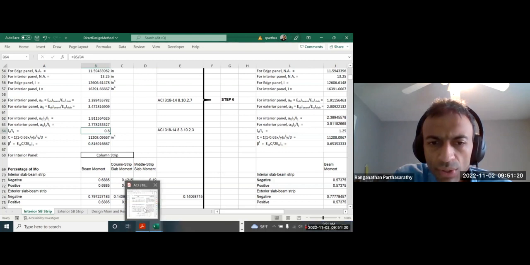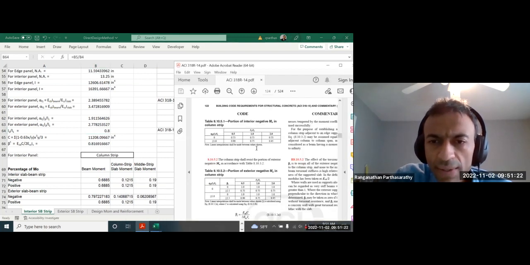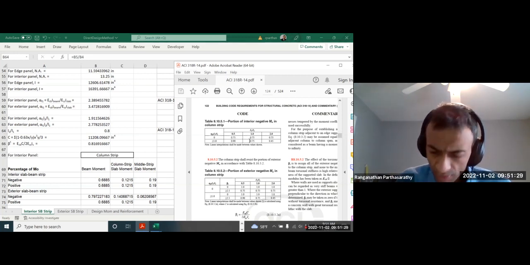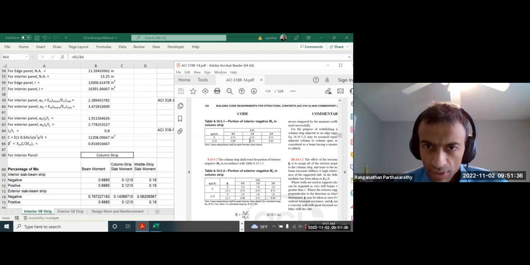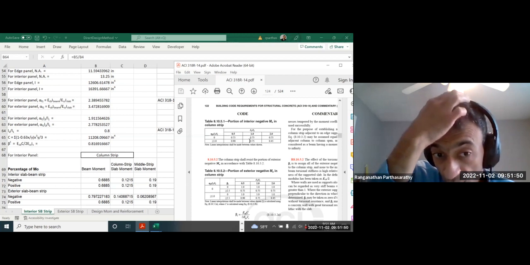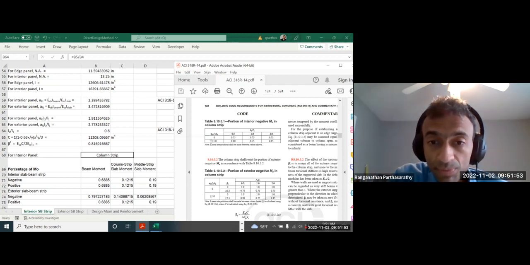Now, if you go here and check, L2 by L1 is 0.8, so it will interpolate between 0.9 and 0.75. If you do a quick interpolation, it will be 0.81. So 0.81 is going to the column strip.